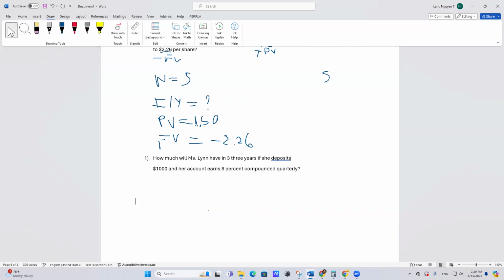How much will Miss Lynch have in 3 years if she deposits 1,000 in her account? Okay. This one is asking for future value.